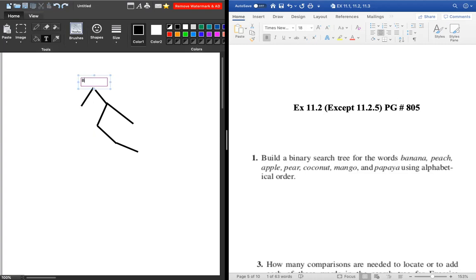So this one will be banana. This one will be apple. This node will be peach. This node will be coconut. And this node will be pear. This node will be mango. And this node will be papaya.